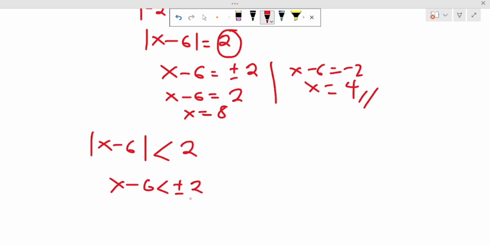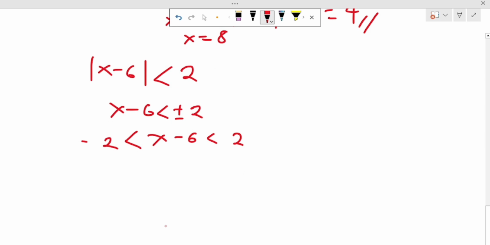Then because we have minus and plus, I can write this. This one has many ways of solving it, right? Because it's plus or minus, I can write this as -2 less than x minus 6 less than 2.